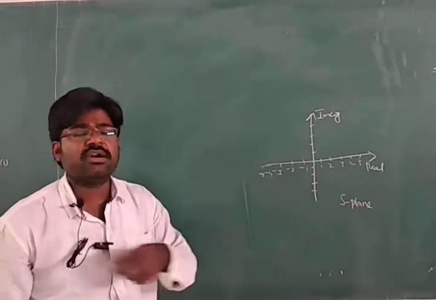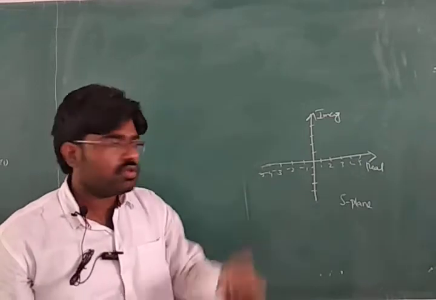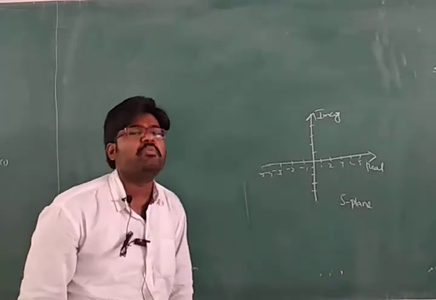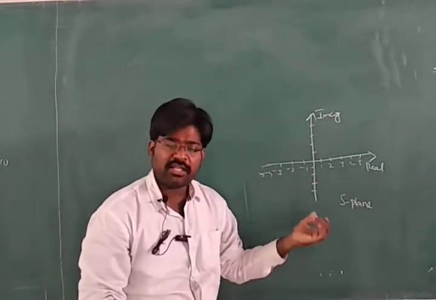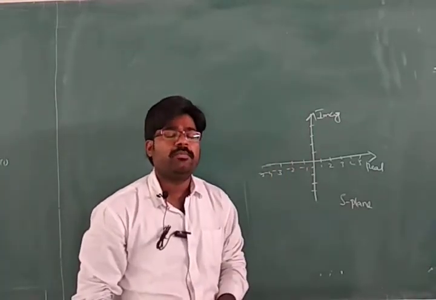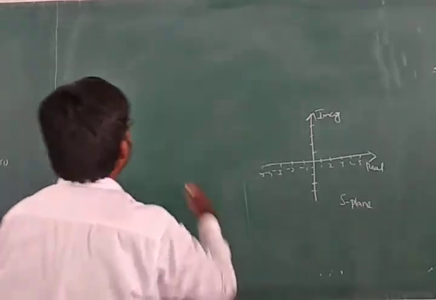We have third and fourth units, where we see root locus and Bode plots. To solve those problems, we need a clear idea about poles and zeros and how to represent them on the S-plane. If you understand this thoroughly, then solving root locus and Bode plot problems becomes very easy.